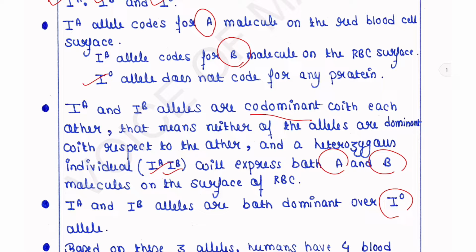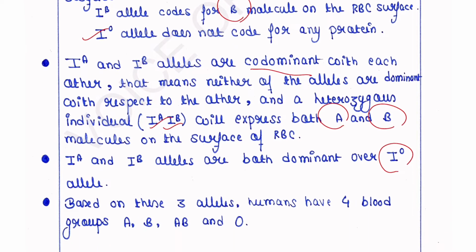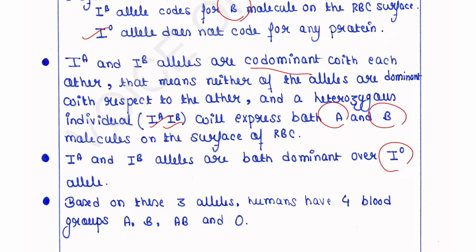So although IA and IB alleles are codominant with each other, they are dominant over IO allele. Based on these three alleles, humans have four blood groups: A, B, AB and O.